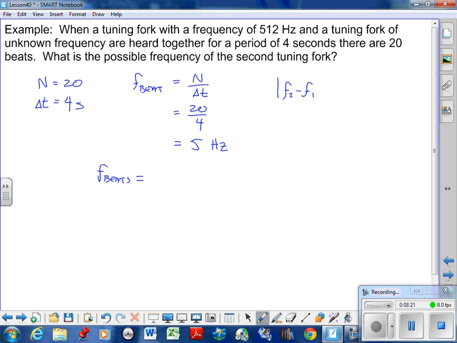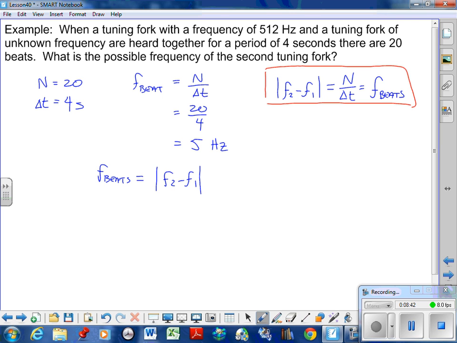F2 minus F1 is equal to your N over delta T, which is equal to the frequency of beats. All right. Before I cause any confusion whatsoever, all three of those are the same thing.